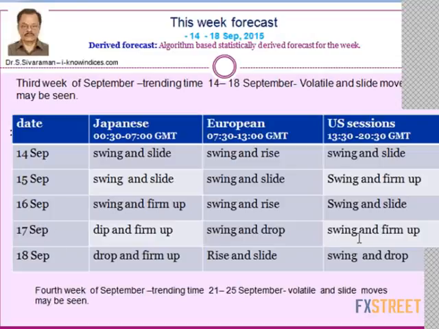Then afterwards, they will make a further drop during the early part of the US session and firm up in order to trap the last minute sellers who sell after the drop as a technical trade or a breakout trade. Then they will trap and just induce them to do the short covering. Afterwards, you will come across the drop again on Friday. That's what will come across in the market based on the forecast.